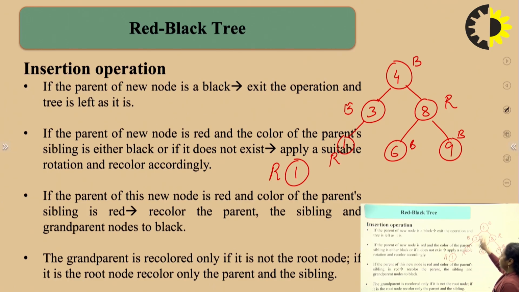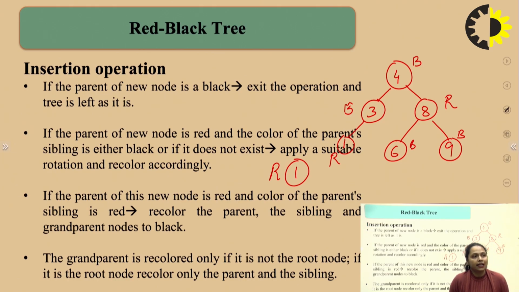No. We can check all the properties of the red-black tree. All properties are as they are. If any of the properties is violated, then we will rotate it. But here there is no requirement of rotation. All properties are fulfilled. So when the parent of the new node is black, simply exit the operation and leave the tree as it is. There is no requirement of any kind of change.